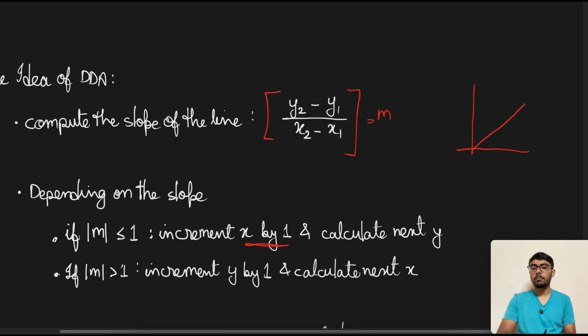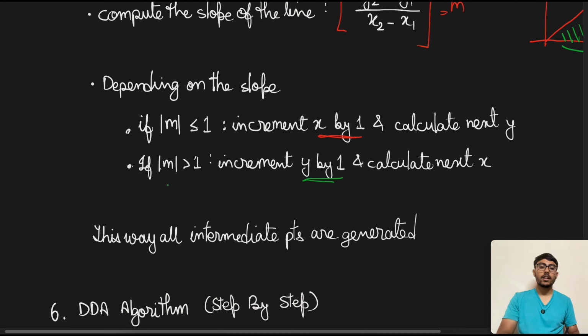If we look at it from this particular angle, let's say the first quadrant itself, in these regions, we see that x is traveling faster with respect to y. Okay. So we know that if we increment x by 1, then whatever we calculate for y will be more accurate. Similarly goes for the next part. So this is the intuition behind it. This way all the intermediate points are generated. This same logic can be applied across multiple quadrants and extended across.